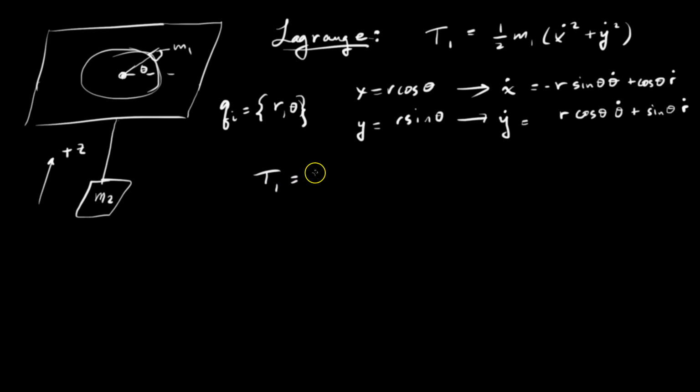So T1 is 1/2 m1 x dot squared. What is this going to be?